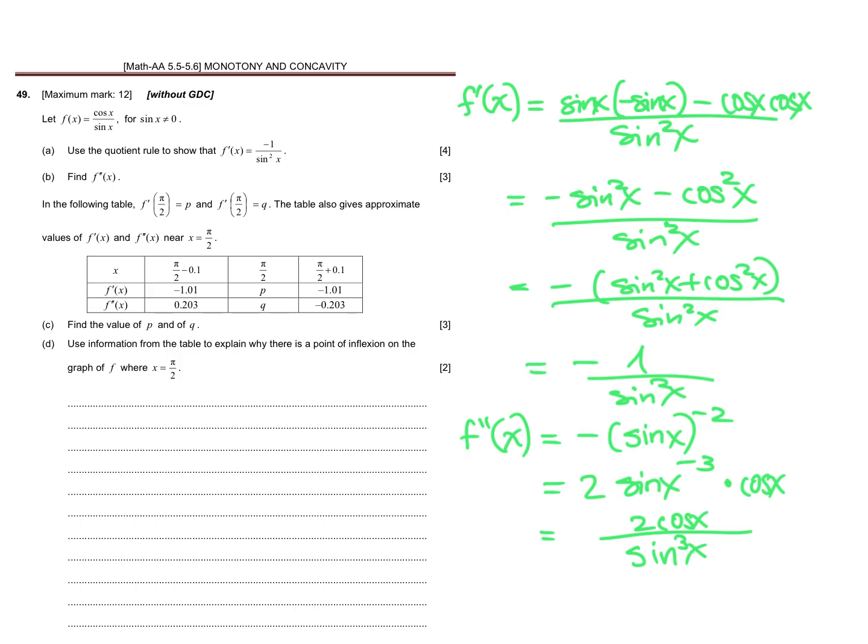So in the following table, we've got the first derivative at pi over 2 is p, and I think this means the second derivative at pi over 2 is q. The table also gives approximate values of both of those near x equals pi over 2. Find p and q. So if we want the first derivative at pi over 2, we've just got -1 over sine pi over 2 squared.